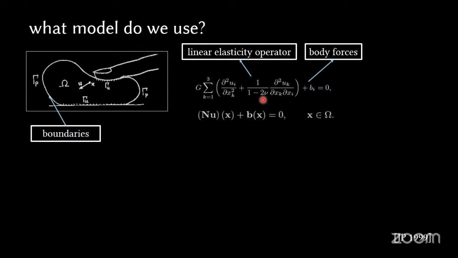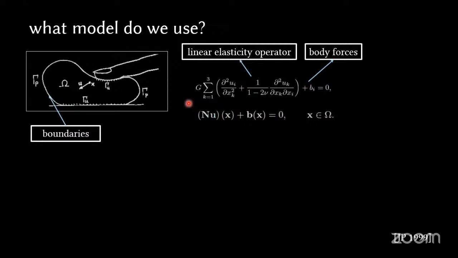You can think what would happen if it were 0.5: it would get to a very, very high value. And then you have this G over here, which is your shear modulus.